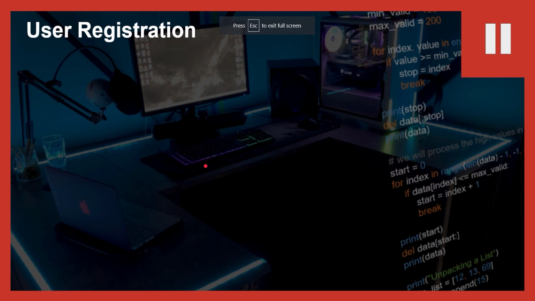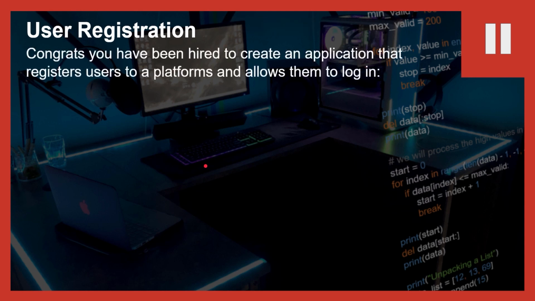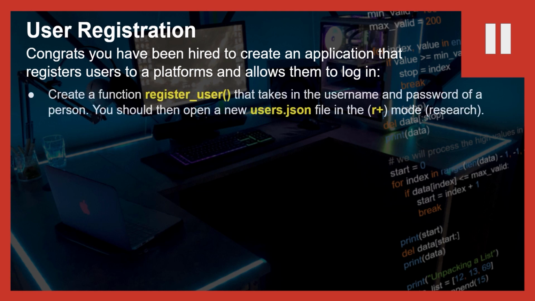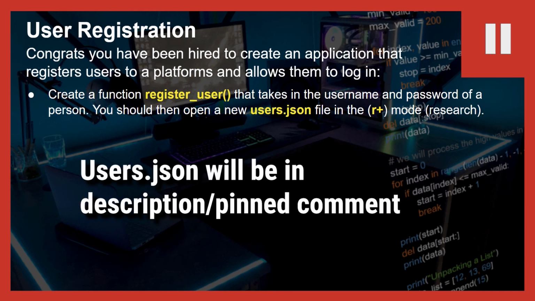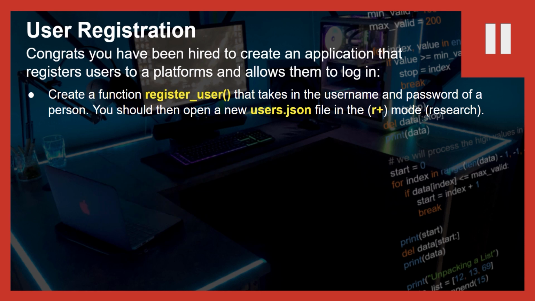Okay, so it's time for some user registration. Congrats, you have been hired to create an application that registers users to a platform and allows them to log in. First of all, you'll need to create a function, register_user, that takes in the username and password of a person. You should then open a new users.json file in the r+ mode, and you have to research that.